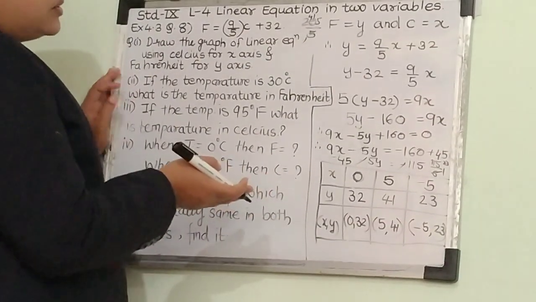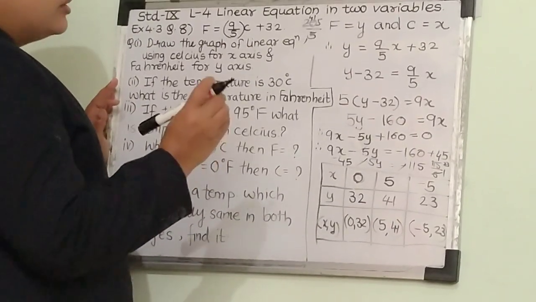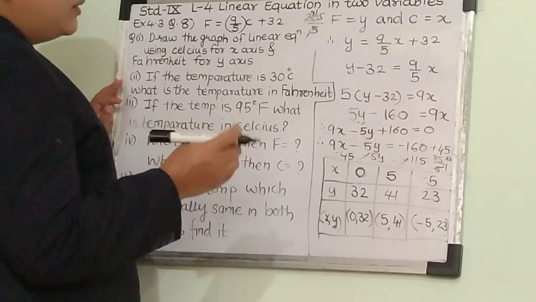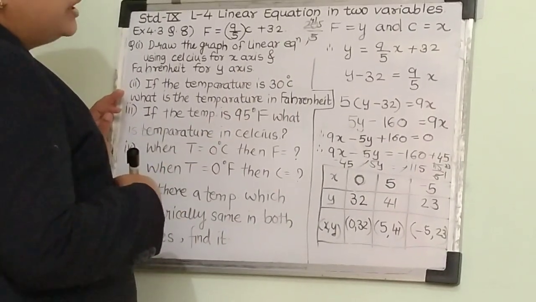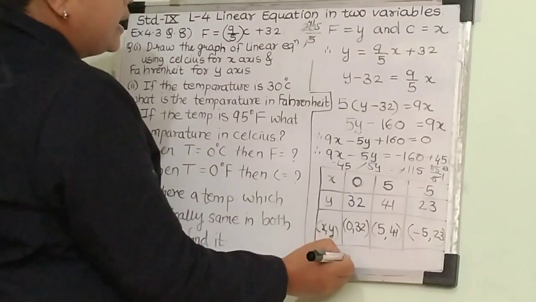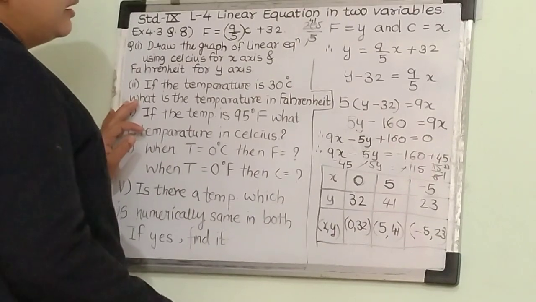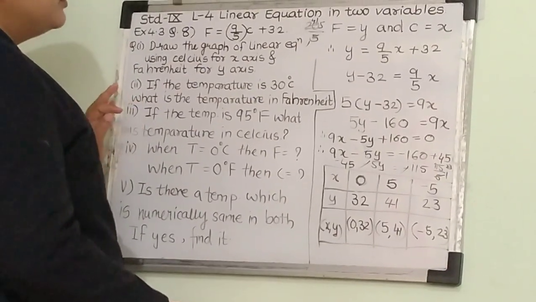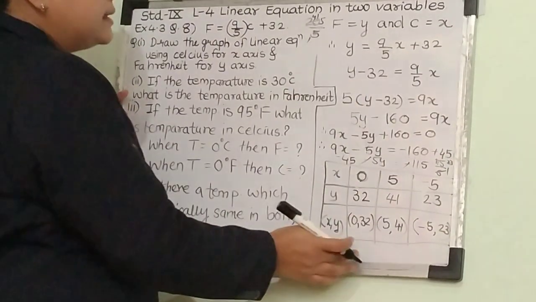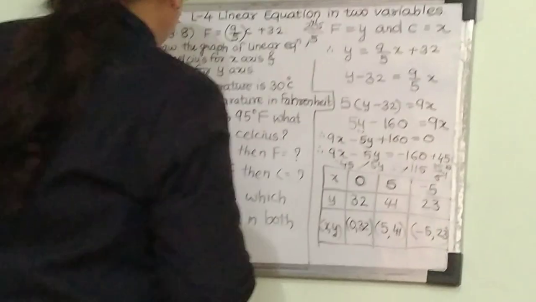Your graph paper is very small, so we cannot take the scale as 1, 2, 3, 4 on the x and y axis. So here we can choose the scale as 1 unit is equal to 10 or 5. Then we get the graph of this linear equation. Now see how to draw the graph.